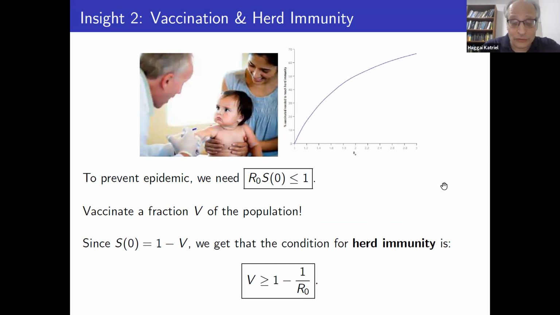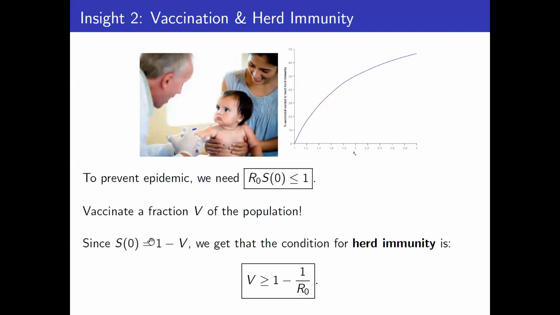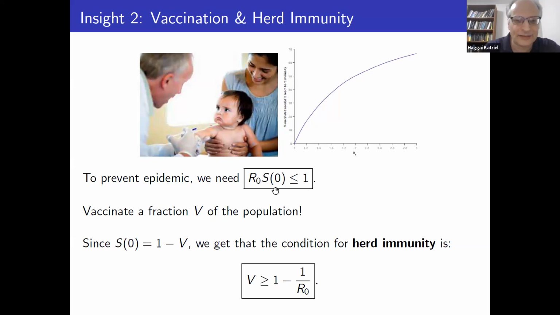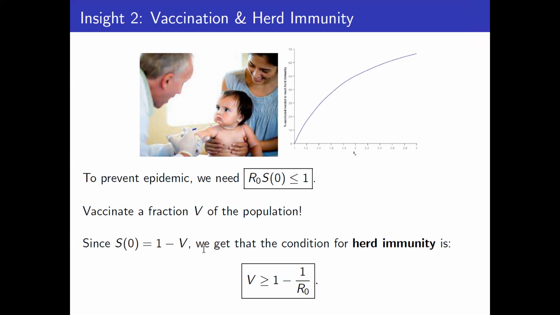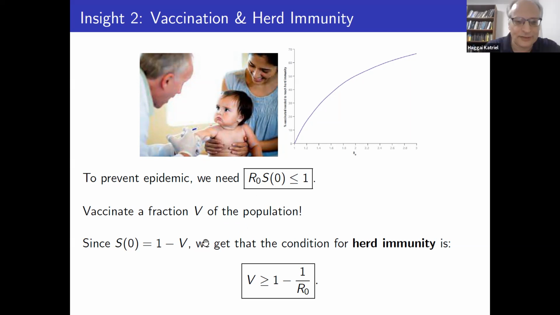And this threshold insight has an implication about vaccination, because if we can get this product of R0 and the initial fraction of susceptibles to be less than 1, then we won't have an epidemic. To get this to be less than 1, we just need to vaccinate enough people, and this is what is called the herd immunity threshold.